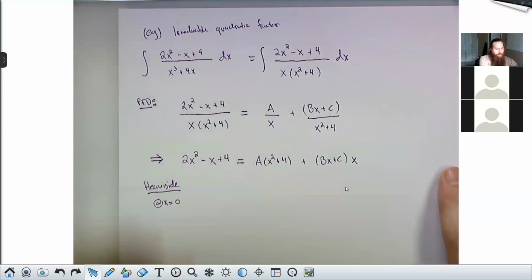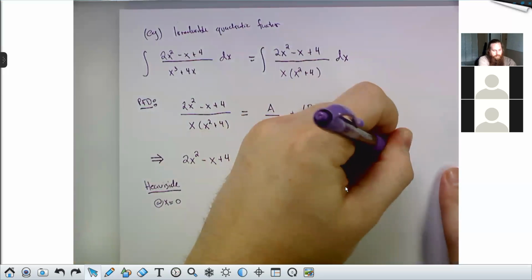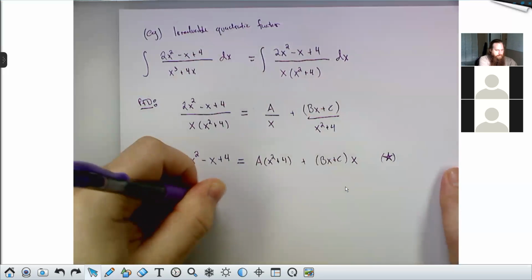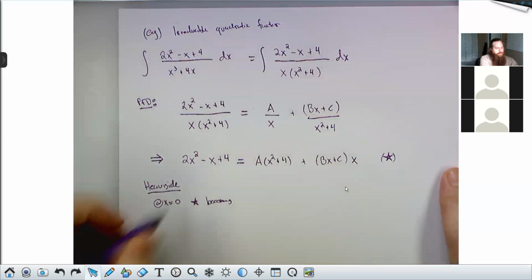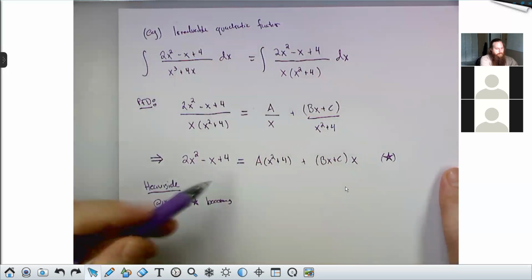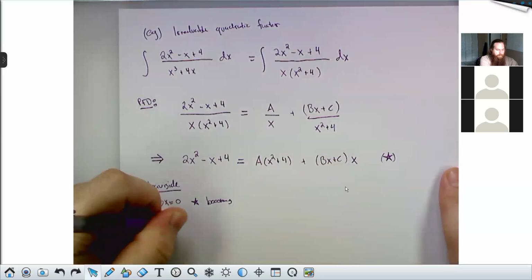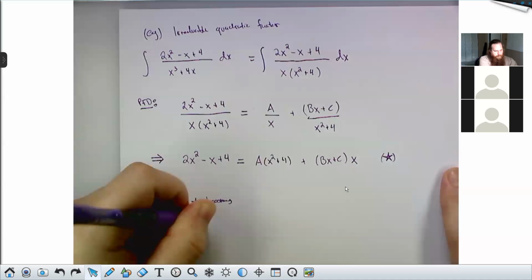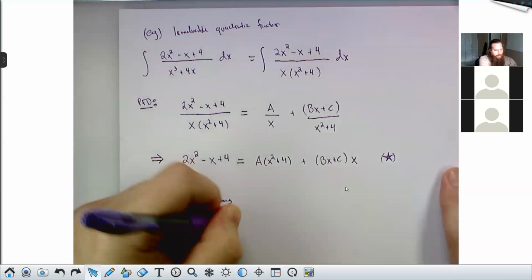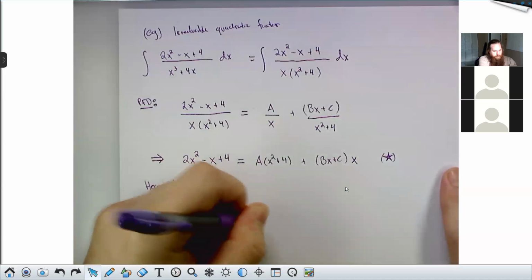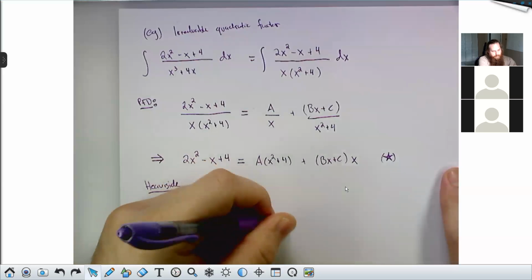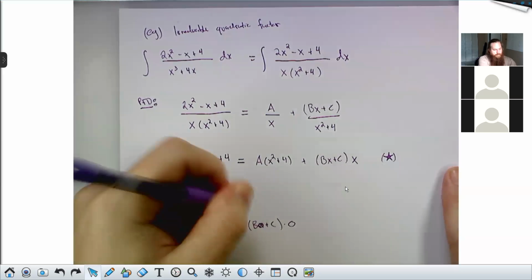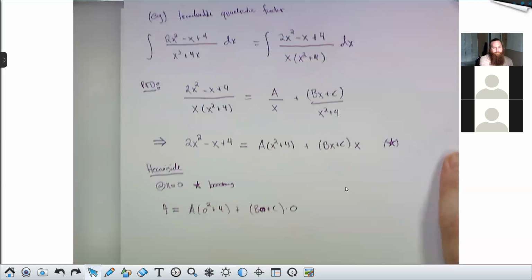So at x equals 0, my equation here, star, becomes 2 times 0 squared minus 0 plus 4. That's 4 on the left. Over here, I'll have a times 0 squared plus 4 plus b times 0 plus c times 0.